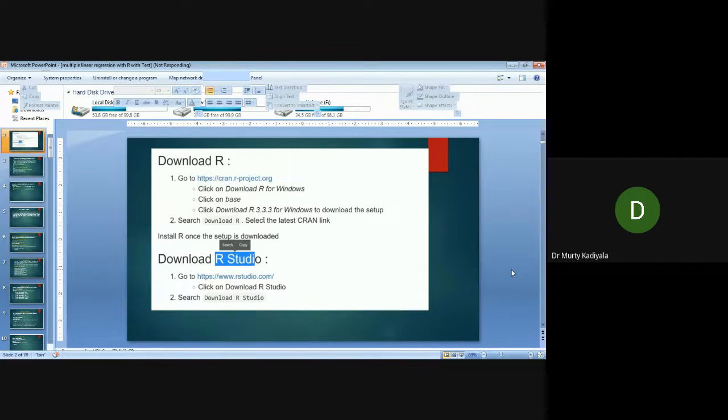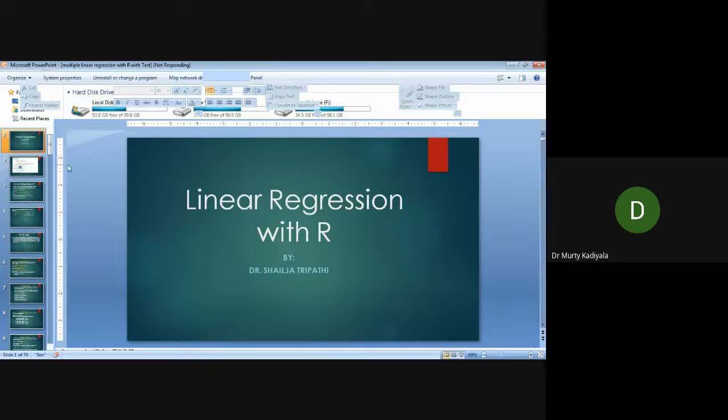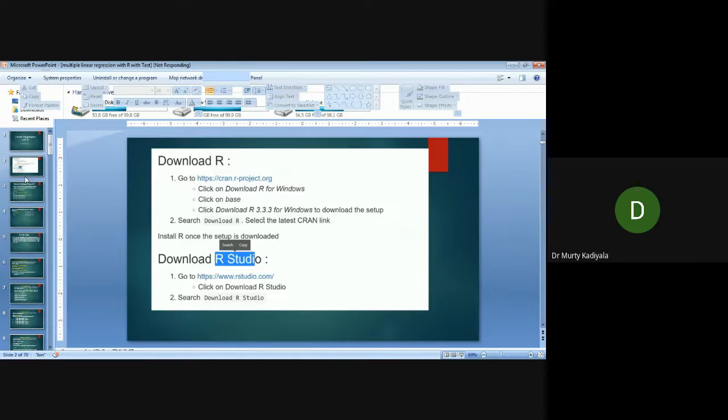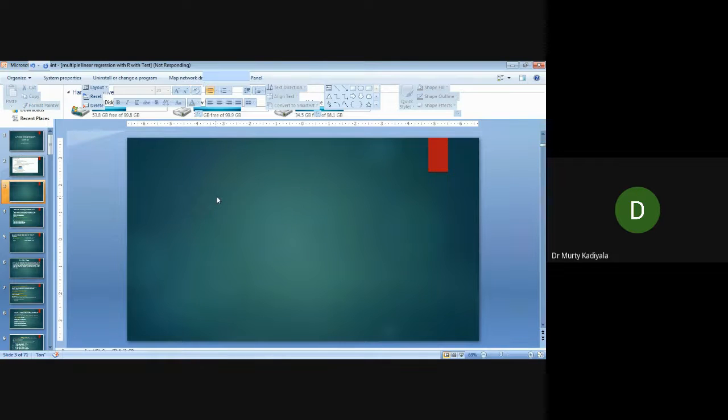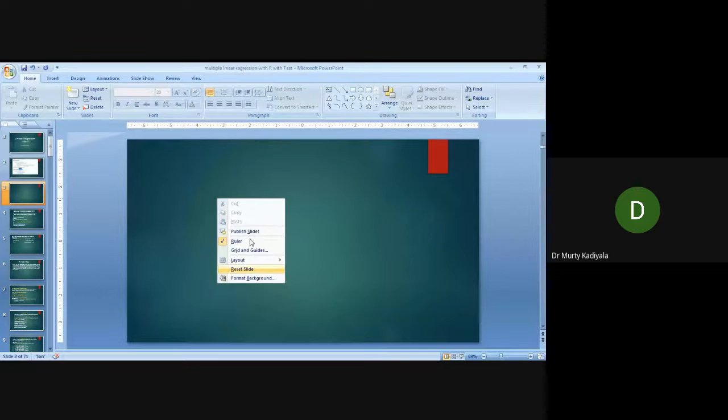Homoscedasticity means constant variance for every error. Then what is heteroscedasticity? What is heteroscedasticity? Come on, come on. What is heteroscedasticity?